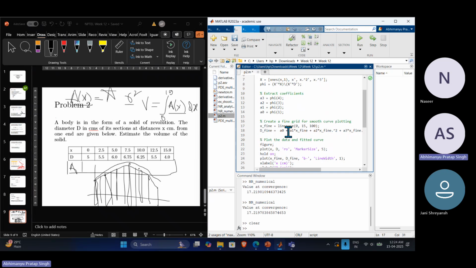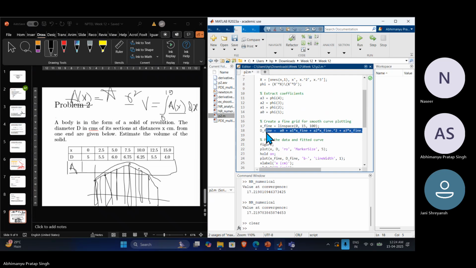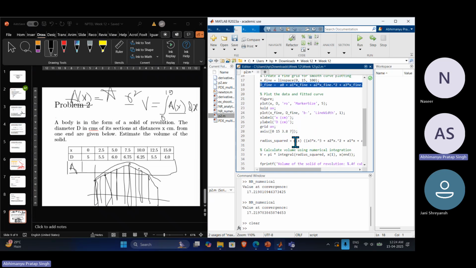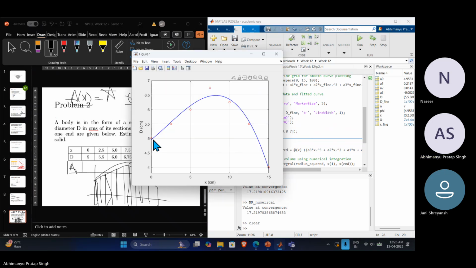So this is the third order fit, and then I'm plotting over here. I will first run until this part. So this is the data, and these are my data points, and this is a third order curve fitted through that data.